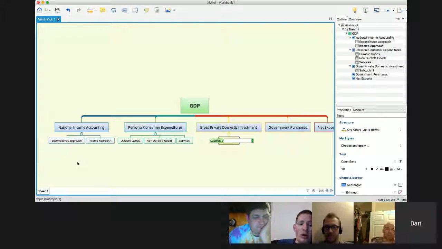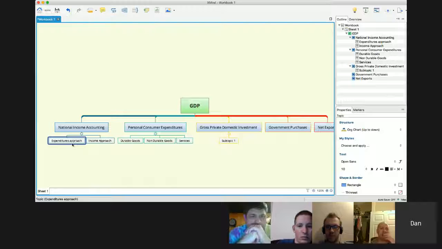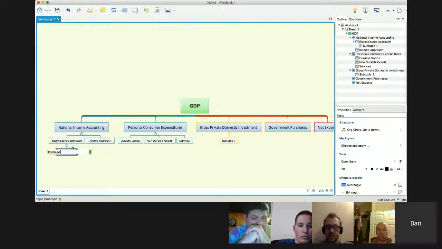So I would think we put those labels underneath the approaches, or even under national income accounting, because those are one way that we view all this information. Yeah, that should be under expenditures approach. He's right. Both of them. Yeah, because we're not going to differentiate. We're just going to say the expenditures used as the final, and then we just put intermediate underneath. Right.